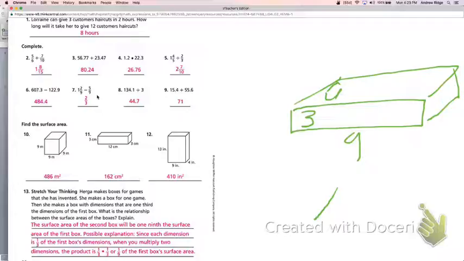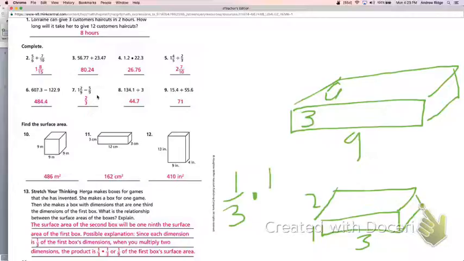So it would be a little bit smaller, right? So this would be 3, 1, and 2, right? Each dimension is 1/3 of the first box's dimension, so when you multiply the two dimensions, the product is 1/3 of 1/3, or 1/9 of the first box's surface area.